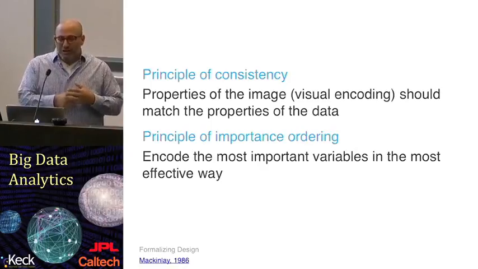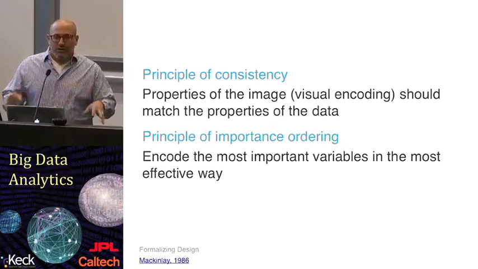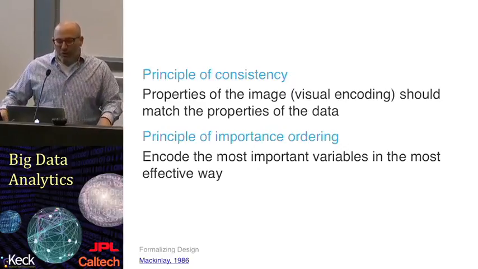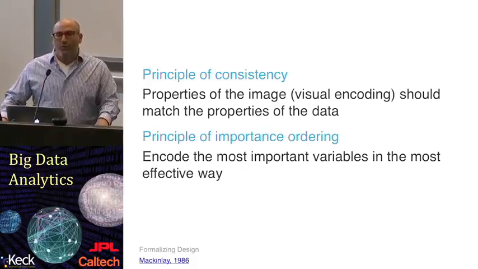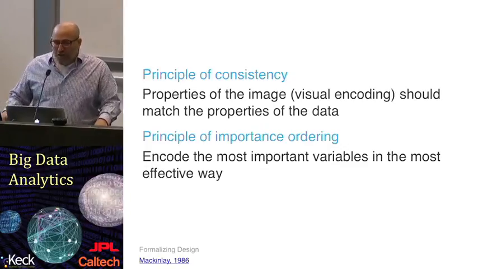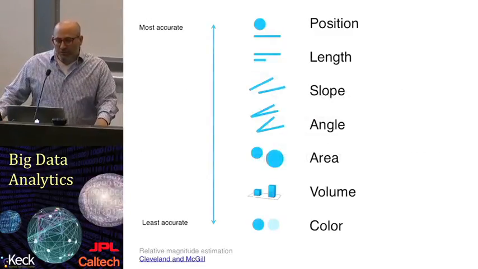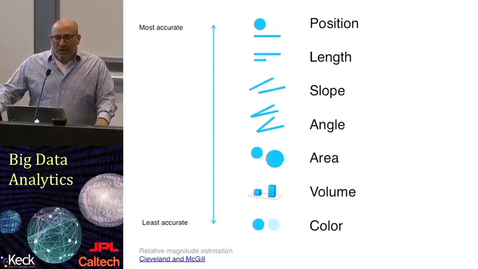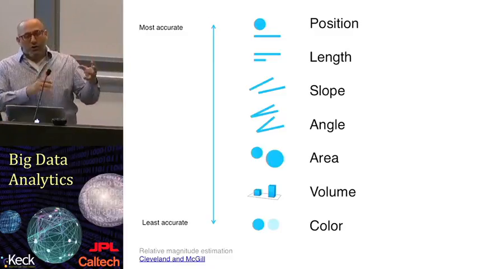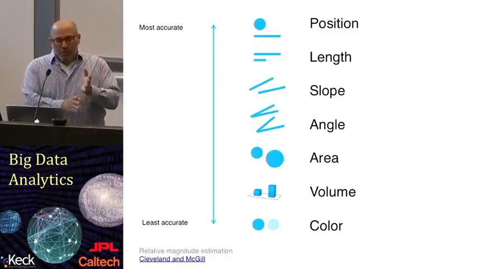And then the second idea is the principle of importance ordering. And this is something that we often overlook. The idea is to take the most important variables and encode them in the most effective way. Our understanding of human perception is such that we perceive differences of magnitude differently when they're encoded using different encoding methods.